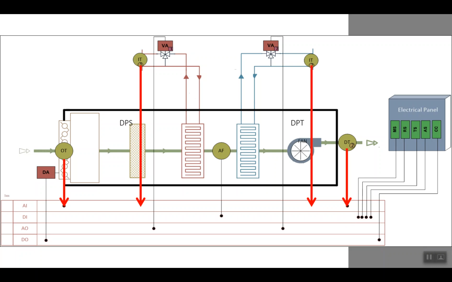The next one is the duct temperature sensor. You can see it in the picture. This temperature shows the exact temperature of the supply air to the room. We need it especially for the closed loop controller for the fan. So we have some set point.